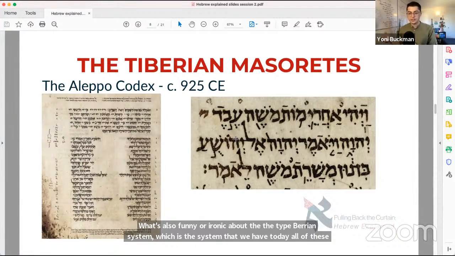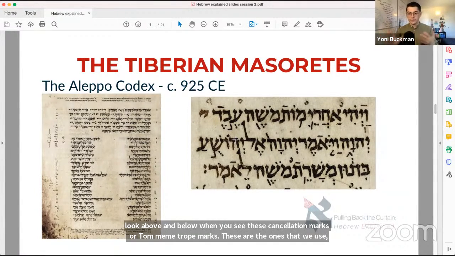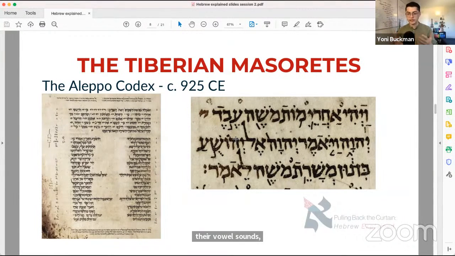So we still use their vowel signs, but we've changed the way that these vowels actually sound nowadays. And the musicality of the trope marks, of the cantillation marks, the ta'amim, is totally lost, and different cantors over history, different Jewish musicians, have written different melodies for those.